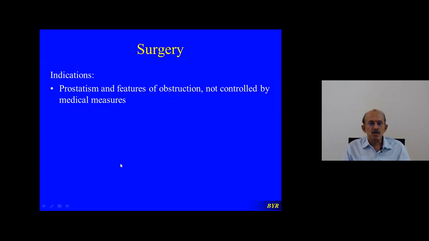So this is a social embarrassment as well as personal inconvenience for the patient with lack of sleep. So you give medicines, that is alpha blockers and 5-alpha reductase inhibitors. If they are not giving much relief, then you plan for surgery. So indication is prostatism with features of obstruction not controlled by medical measures.